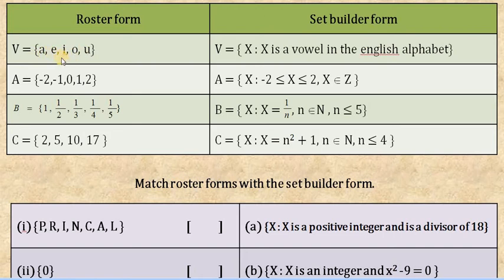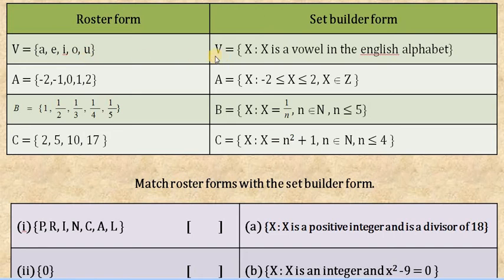Now what will the corresponding set builder form be? Before going to that, let us find what type of letters these are. These are English alphabets. What type of alphabets are here? They are the vowels. So keeping the idea in mind, we write the set builder form.